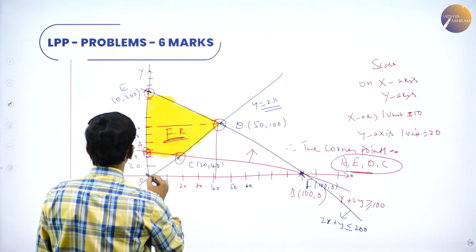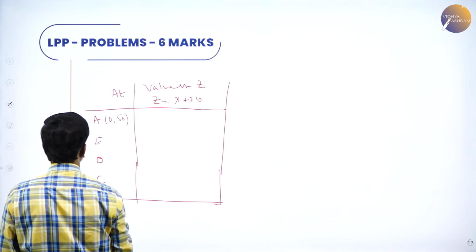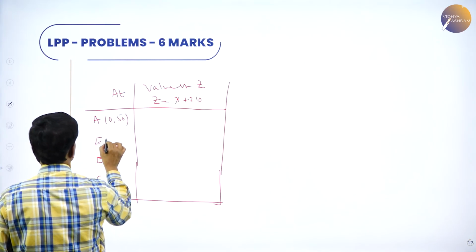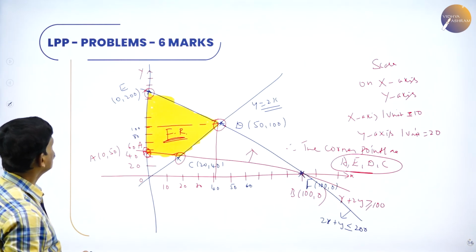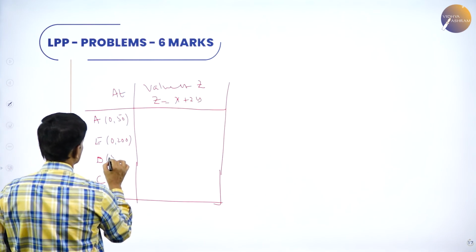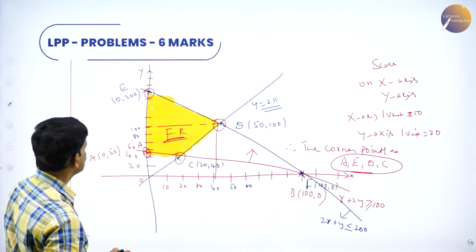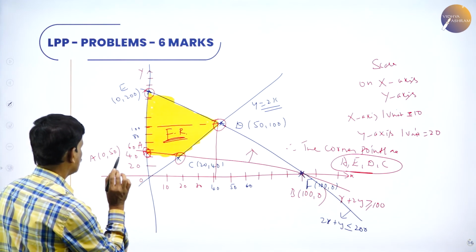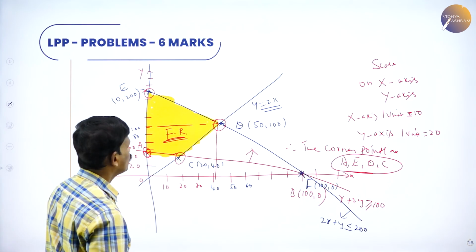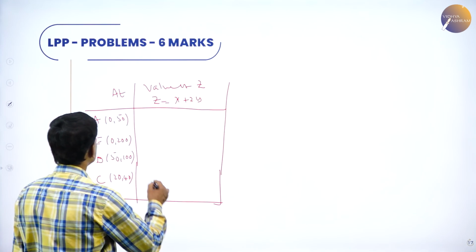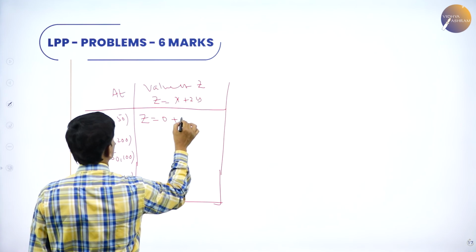What is A? We have A 0, 50. Then E 0, 200. Then D 50, 100. And C is equal to 20, 40. Now find out the values. At A, z is equal to 0 plus 2 into 50, which is 100.